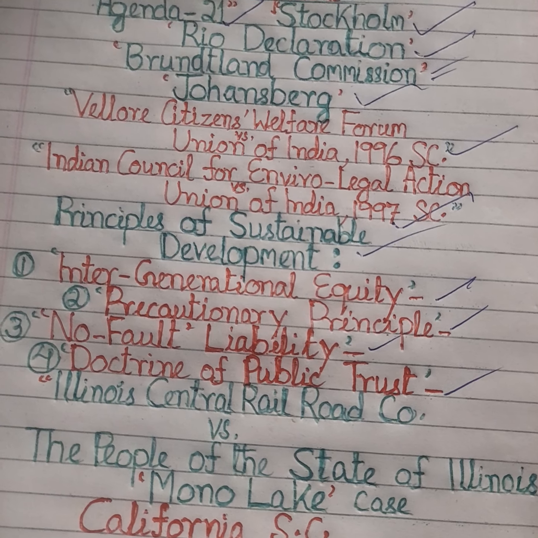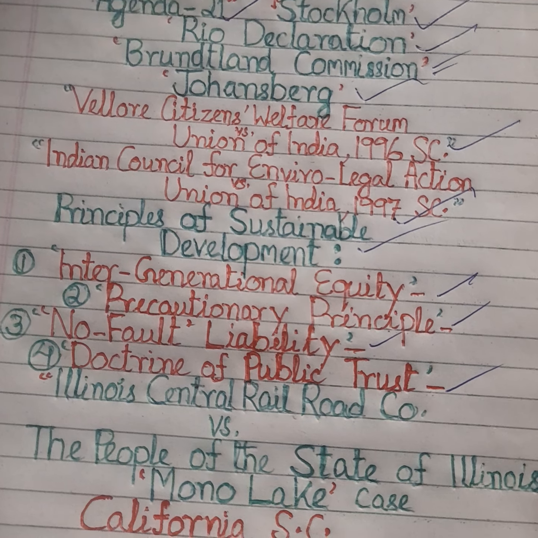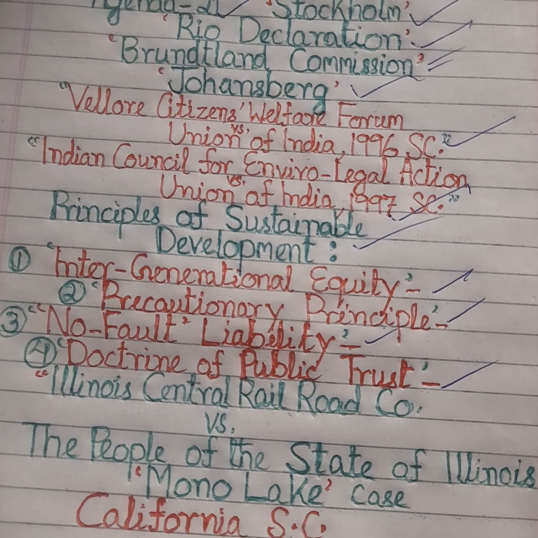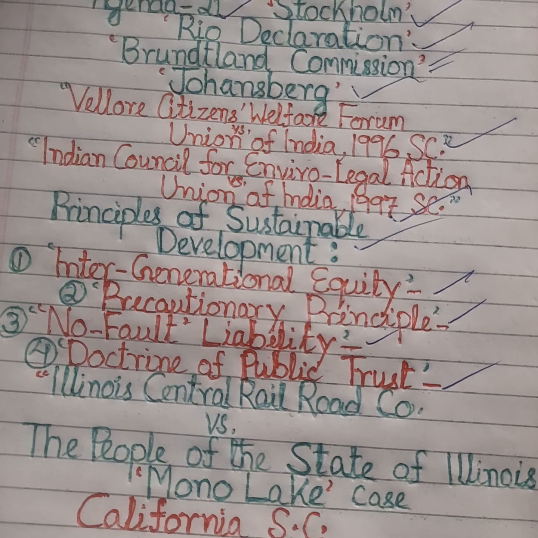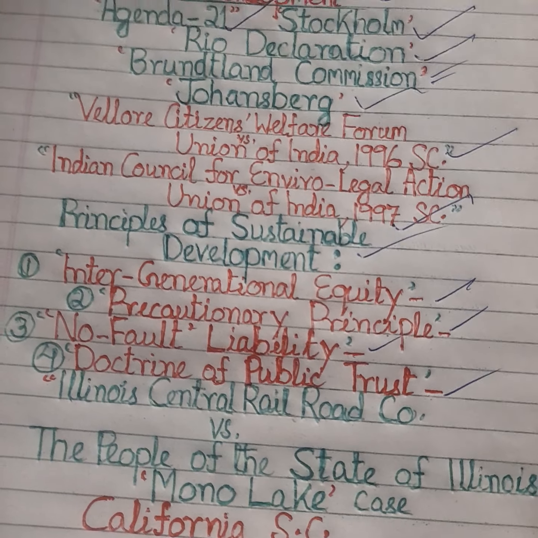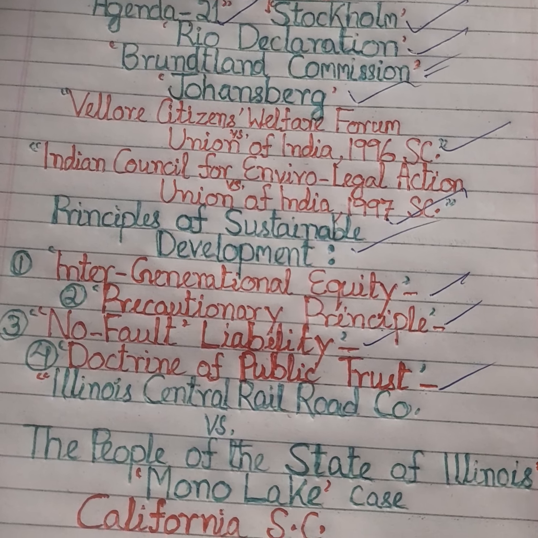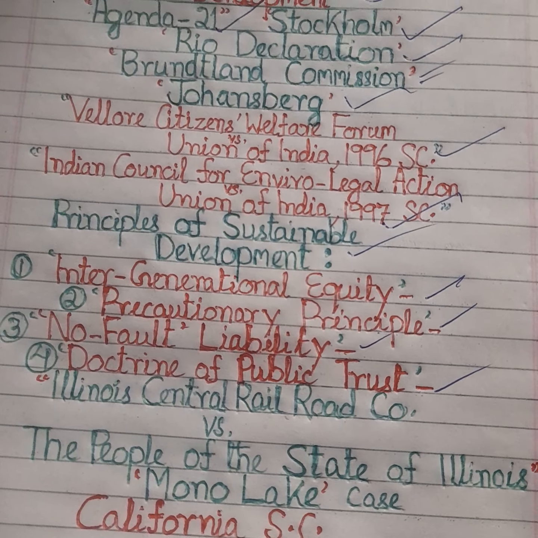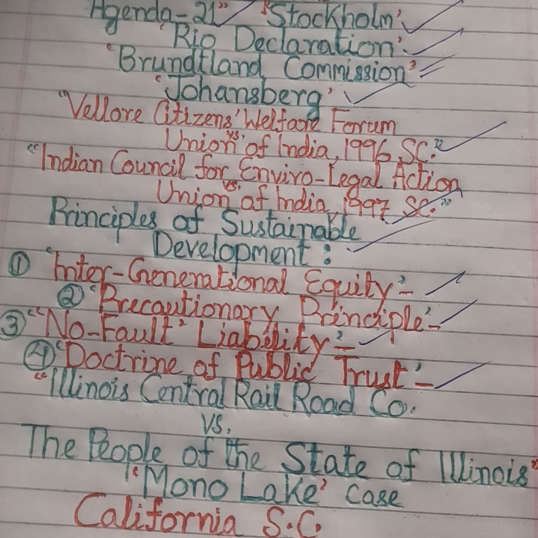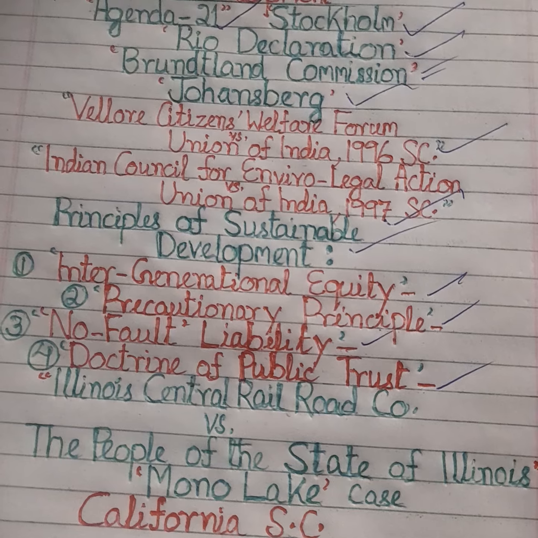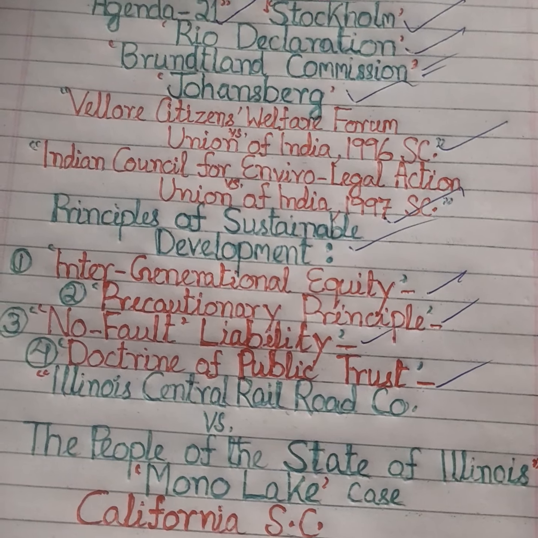So also principle 11 of the Rio Declaration of 1992 spelled this principle. Intergenerational equity means the right of each generation of human beings to benefit from the cultural and natural inheritance of the past generation, as well as the obligation to preserve such heritage for future generations.